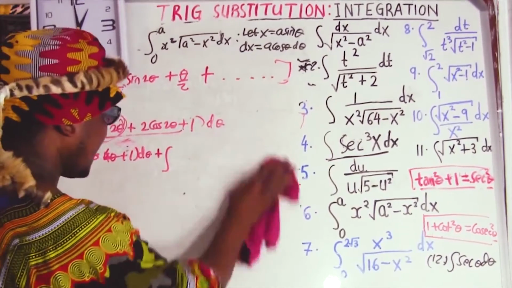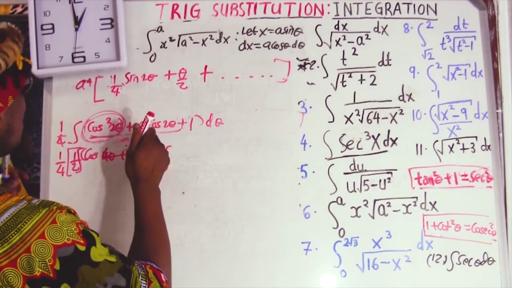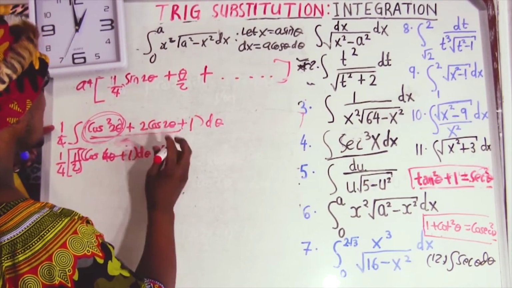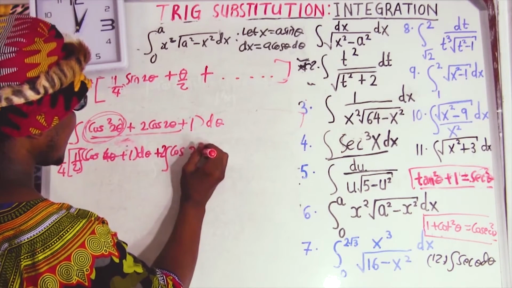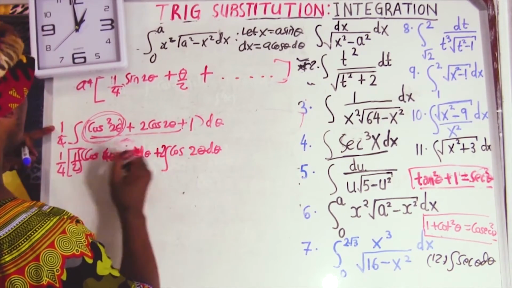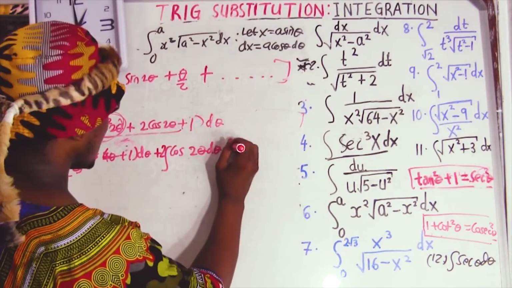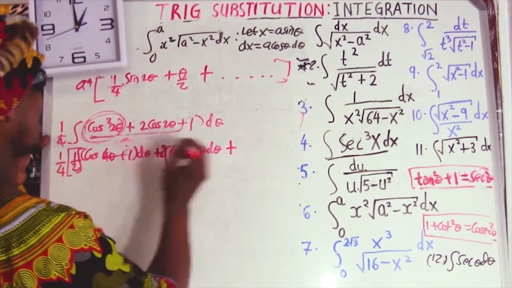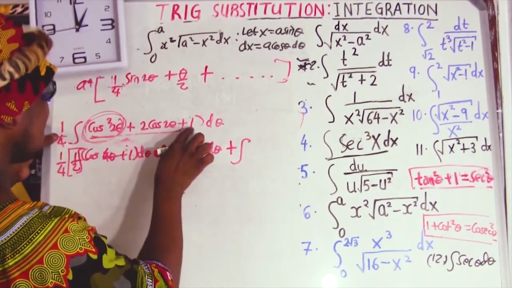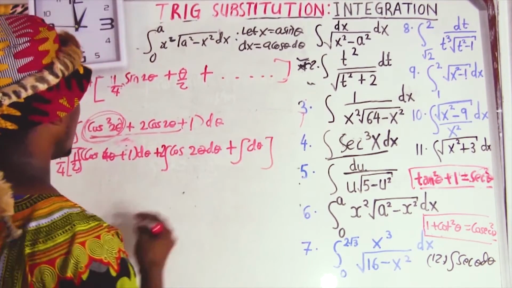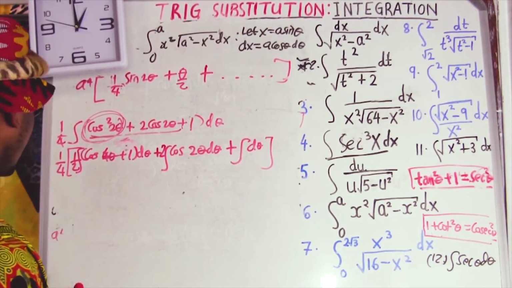I'm going a little bit fast. This is going to be the integral, so I can take this 2 out, and this is going to be cos of the double angle d theta, but 1 over 4 is for all of them. And then the integral of 1 d theta is just d theta. So now this can get done.